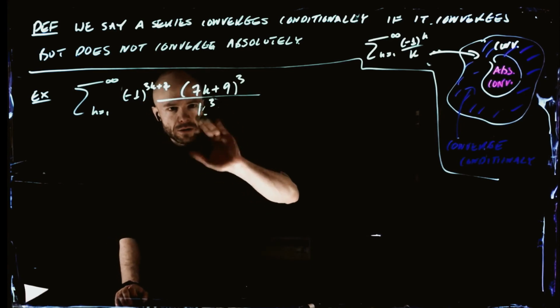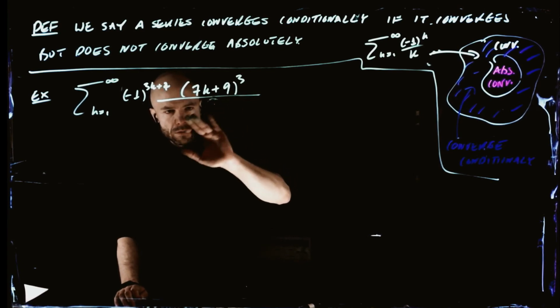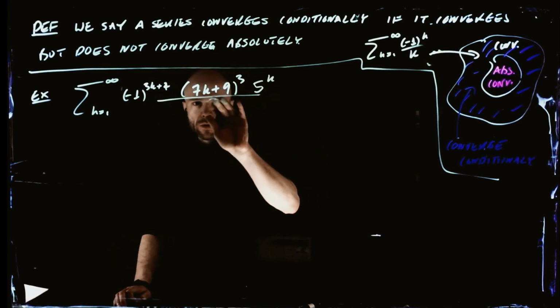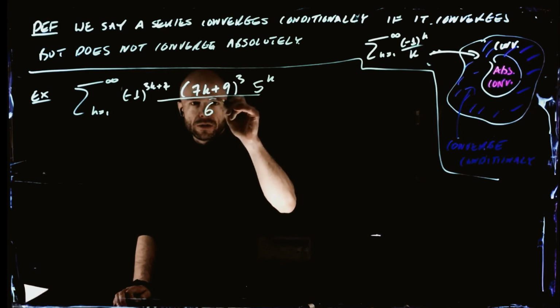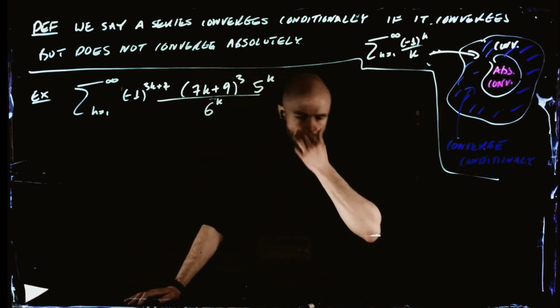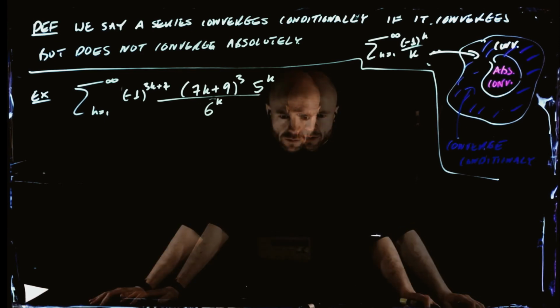Let's change things around a little bit. What about this? 5 to the k over 6 to the k. Thumbs up if you think this converges. Right.